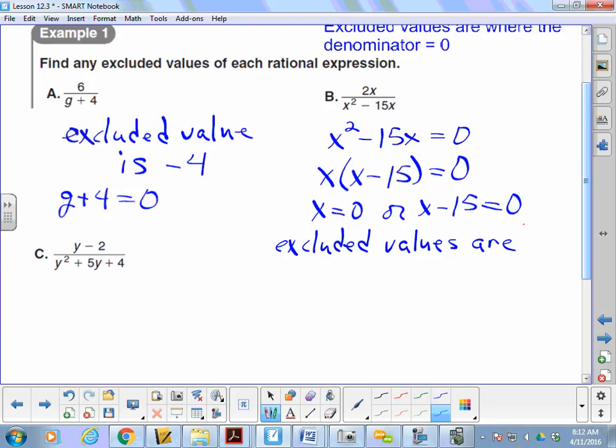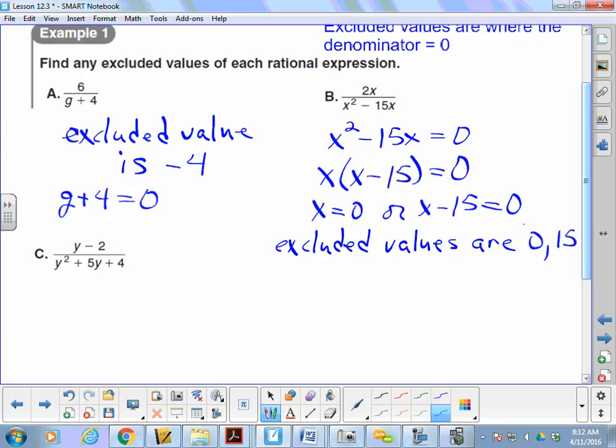Positive 15. Okay, so excluded values are 0 and 15, because both of those will make the denominator equal to 0.